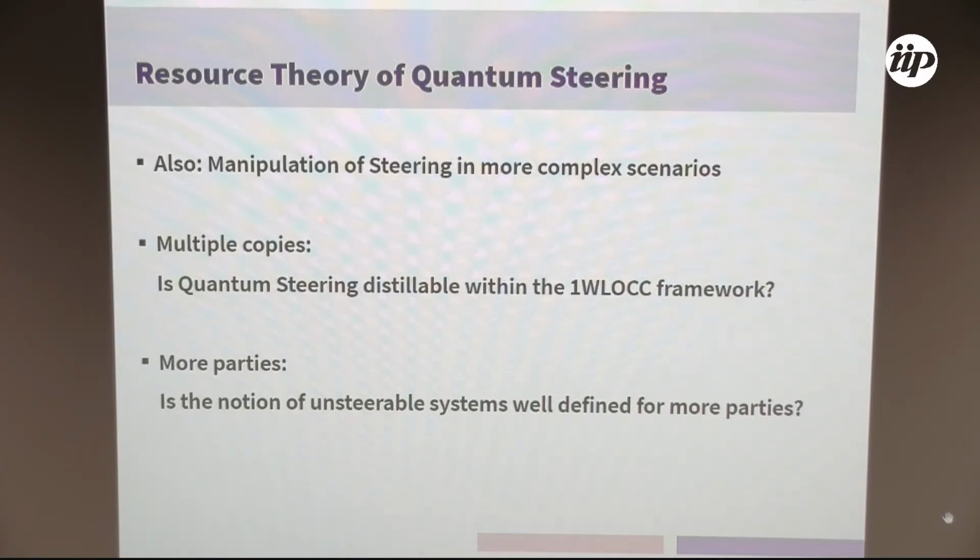So here we can ask some interesting questions, such as can I distill quantum steering using this one-way LOCC framework, or considering more parties, how can I define that a system is actually unsteerable or not, has or doesn't have the resource?